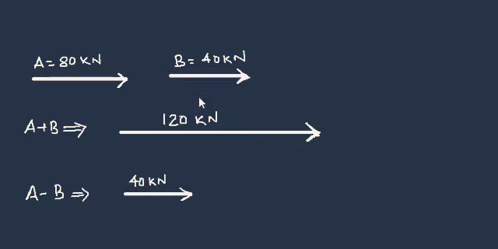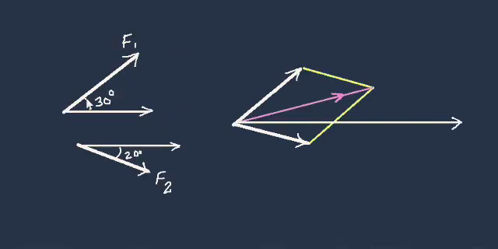Suppose you have vectors acting at different angles with the same reference axis. Then you have to consider the magnitude, direction and the axis of these vectors. Suppose you have force vector F1 acting at an angle 30 degree with the x-axis, and another force vector F2 acting at an angle minus 20 degree with the x-axis.